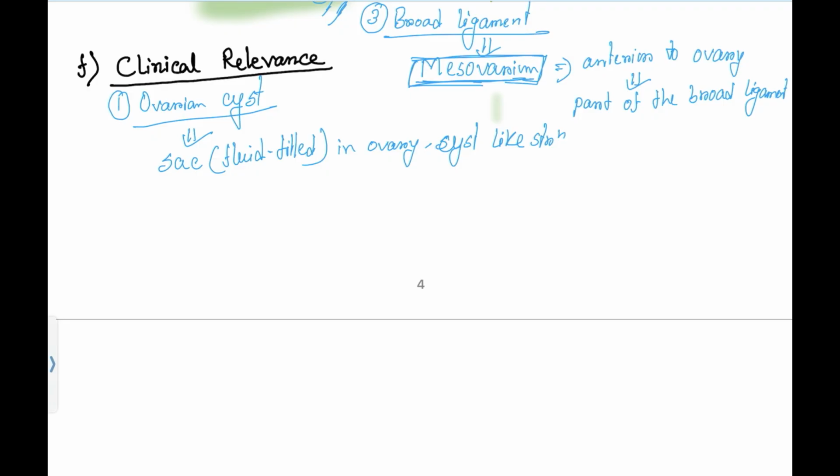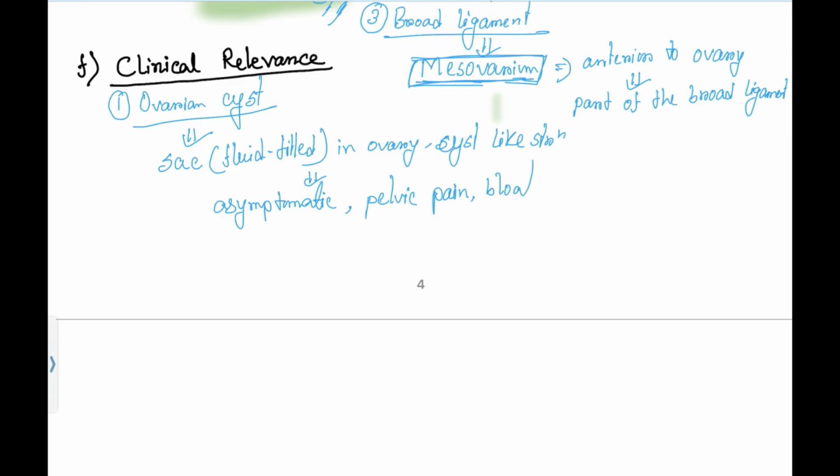What happens if a female is suffering with an ovarian cyst? It is actually asymptomatic in nature, but sometimes it can cause symptoms like pelvic pain, and the pain will be very sharp in nature.